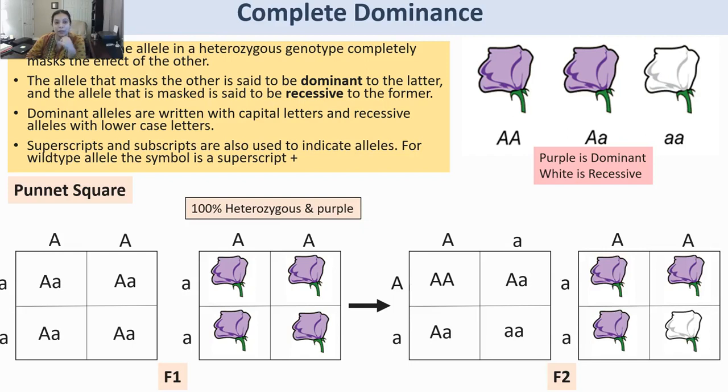However, phenotypically, looking at the observable trait, you will find that you have a 3-to-1 ratio: 3 with the dominant phenotype and only 1 with the recessive white plant. But now you have the white plant back.